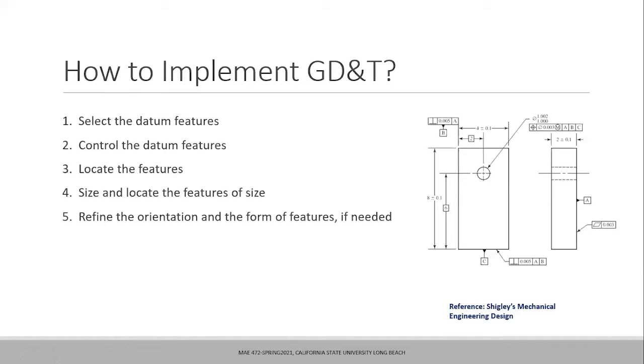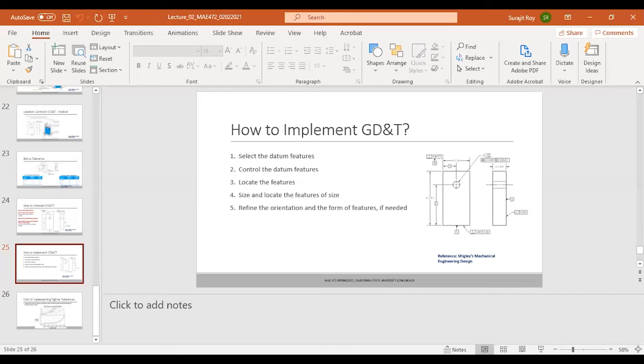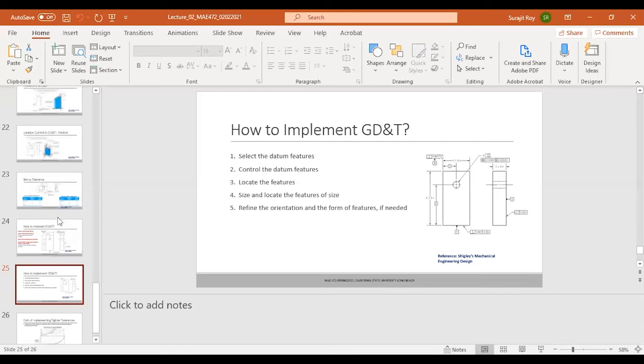When I put this part on a machine tool bed, the surface of the machine tool bed is a feature simulator, and that will define my theoretical datum plane from where the measurements will start. Am I able to make that clear?